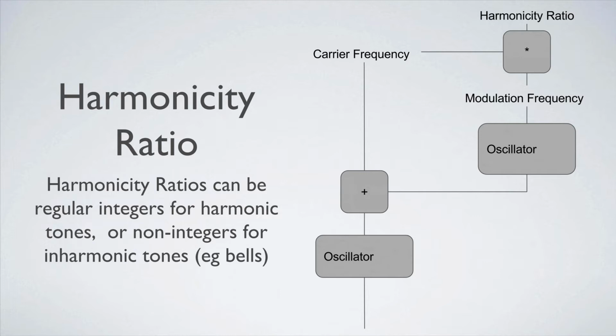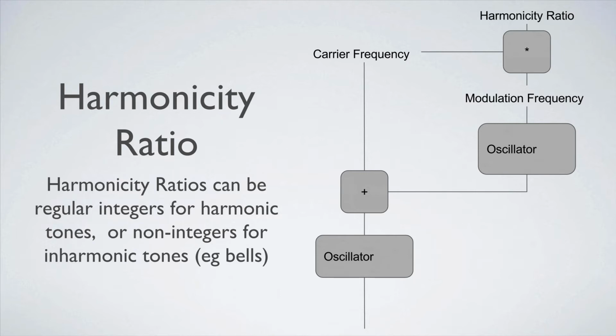normal harmonic tones. But if you use a non-integer value, a decimal point value like 1.4 for instance, you'll end up with inharmonic tones. The tone's harmonics won't be related to the carrier frequency in an orderly fashion, and so what will happen is that you'll end up with bell sounds or odd sounds, drum sounds, or sounds like anything that is circular rather than one-dimensional.